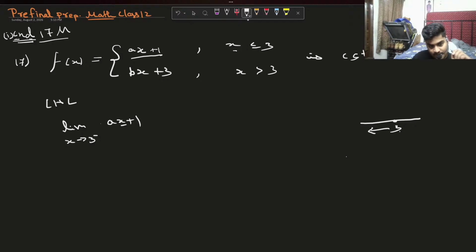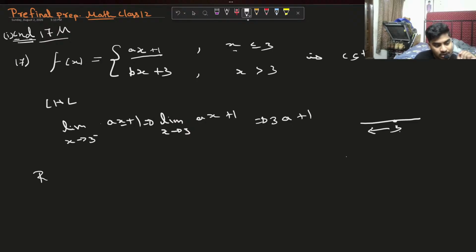Now here just see the x place and limit. x tends to 3 minus, at that time ax plus 1. So when we apply 3 in the x place, we have to remove the limit and apply it like this: 3a plus 1.